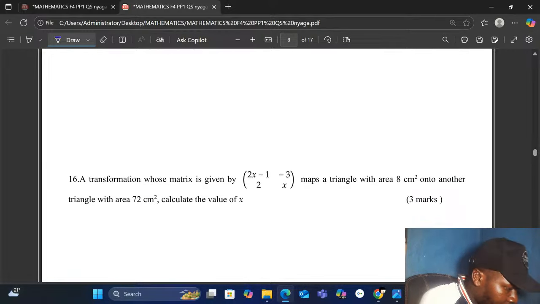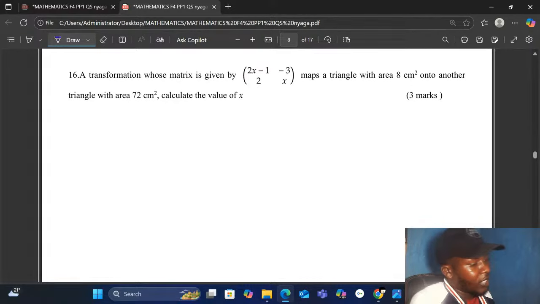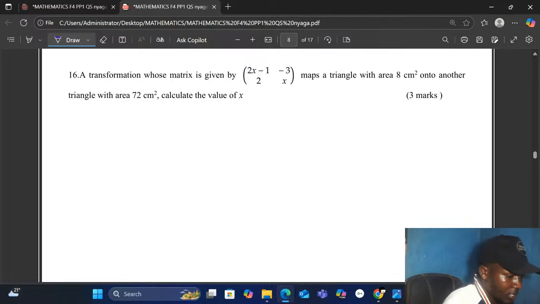Then we move to the last question on section 1, that is on transformation, matrices and transformation. And the question reads, a transformation whose matrix is given by 2x minus 1, 2, x, and negative 3, maps a triangle with area of 8 square centimeters onto another triangle with area of 72 square centimeters.